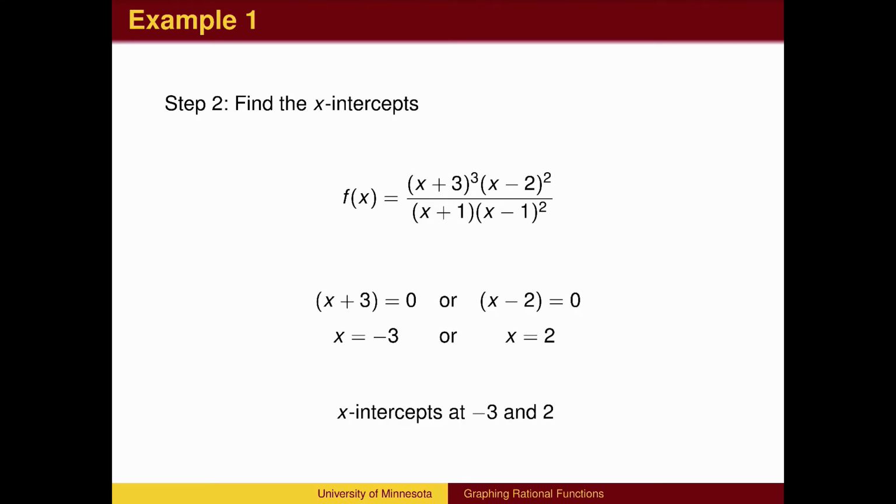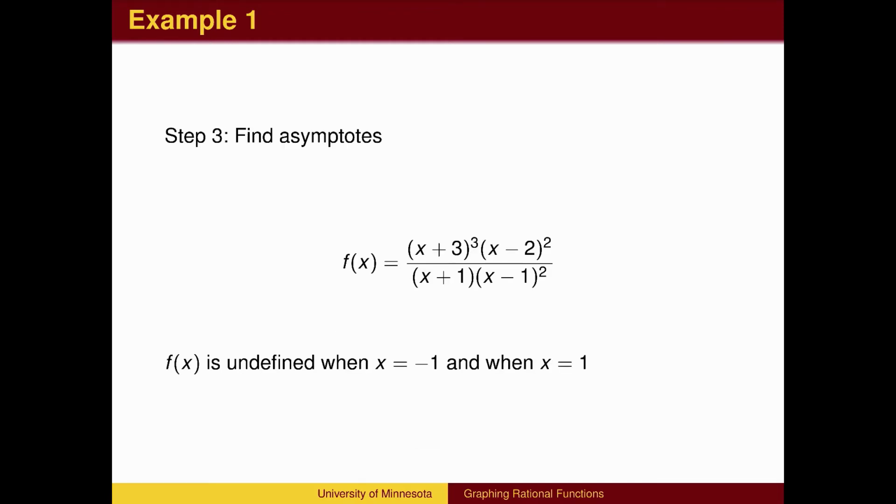The x-intercepts are at -3 and 2. We also wish to find where the function is undefined. This will happen when the denominator is 0. In this case, the denominator will equal 0 when x equals -1 and when x equals 1.